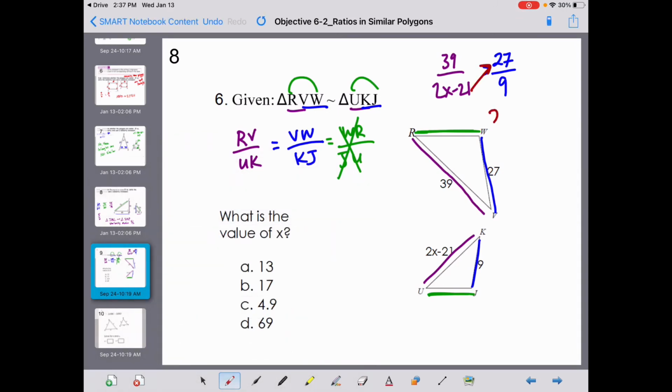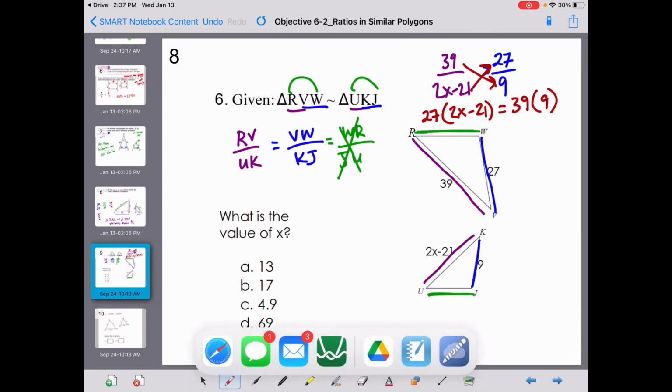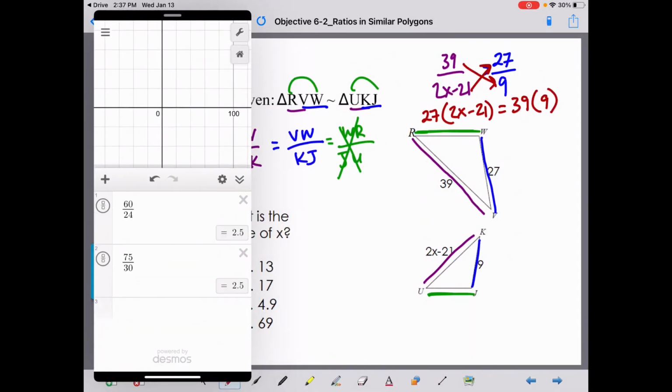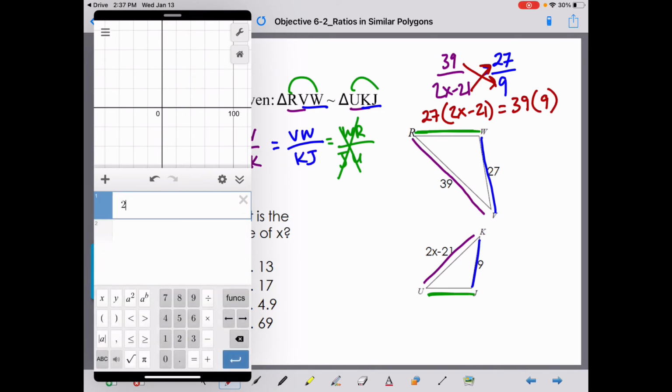Cross multiply. Oh, this is getting messy. Let me write it over here. 27 times 2x minus 21 equals, and then multiply here. All right, that's my first step. I cross multiplied. And so now, type that in.